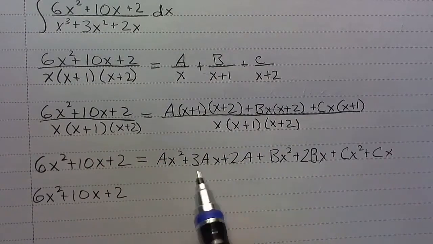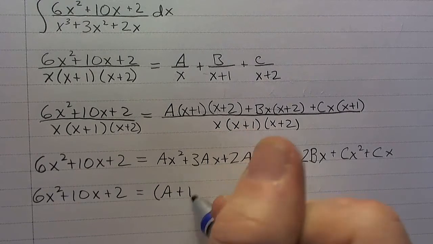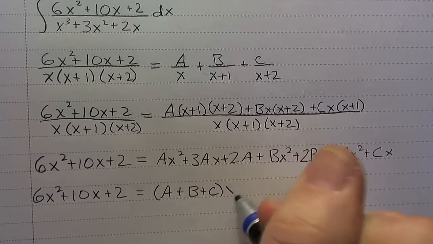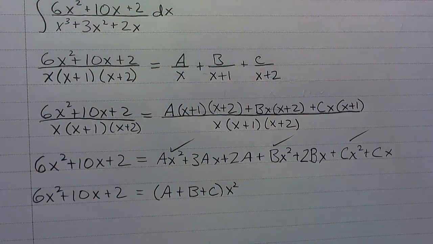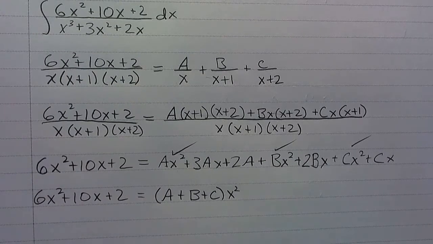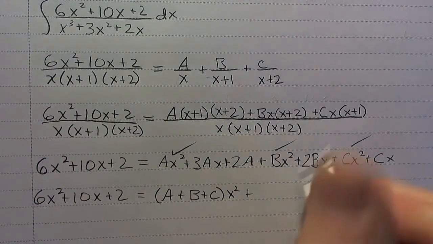All the x squareds, I want to group those together. So here's what I have. I have a plus b plus c times x squared. See? I just put these together and factored out the x squared. And I also want to group the x's together. So let's see what I've got.